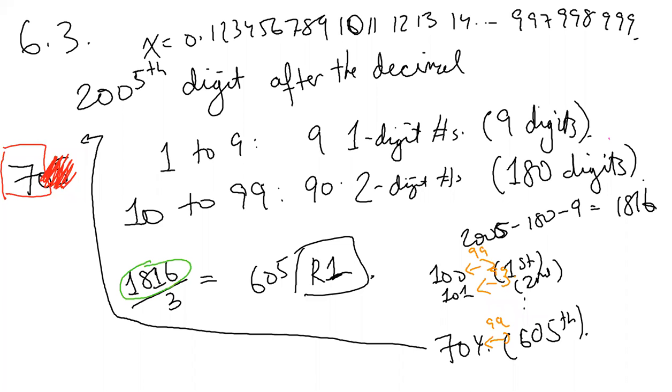Does everyone see why the number we're going to try to write is going to be 705, but the 2005th digit is just going to be the 7 bit? Hopefully everyone understands that. I see a lot of people are good about it, and more are coming. Fantastic. Thank you.